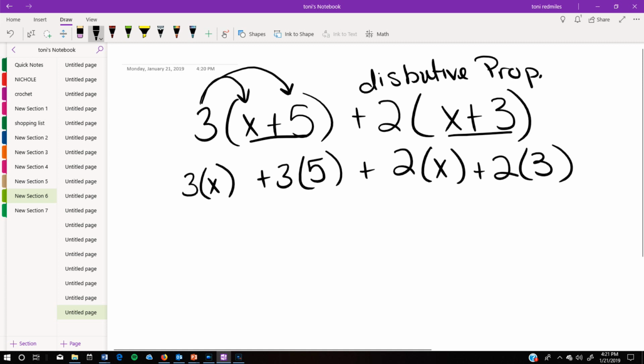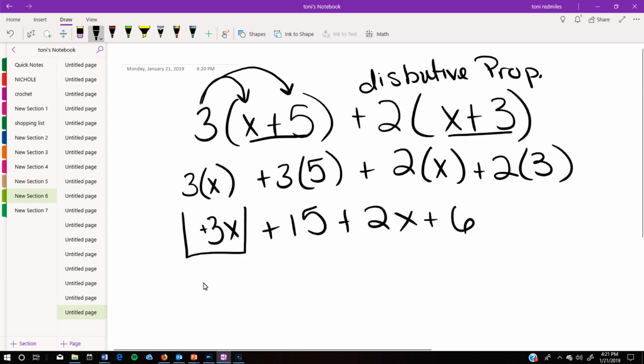All right, now, remember, I have to do my multiplication and division before I can get my like terms together. So 3x, 3 times 5 is 15, 2x becomes 2x, and 2 times 3 is 6. Now I look for my like terms. Well, this is understood positive. That is like with that one.